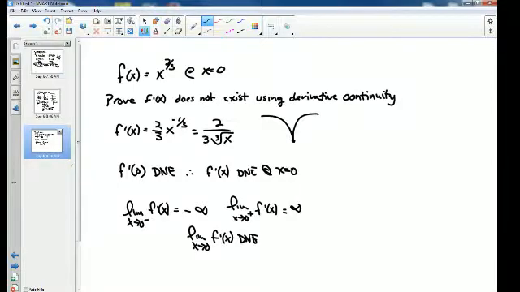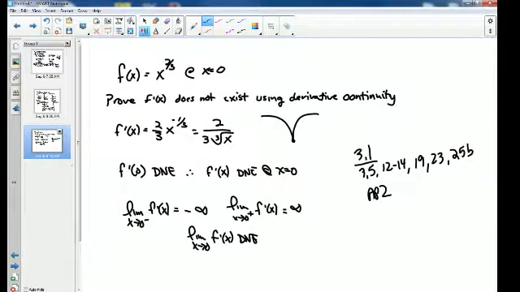Yeah, just show the derivative is continuous. I guess I probably show it to you because I think it's interesting. It's something I learned.